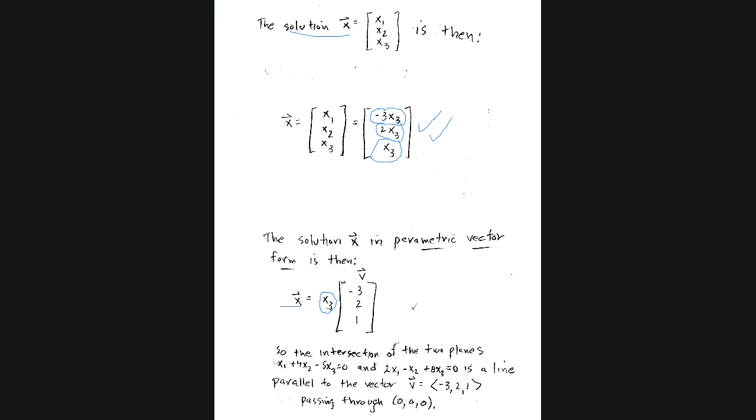x3, which is the free variable, is called the parameter. I don't want to clutter it too much. That's your parameter.